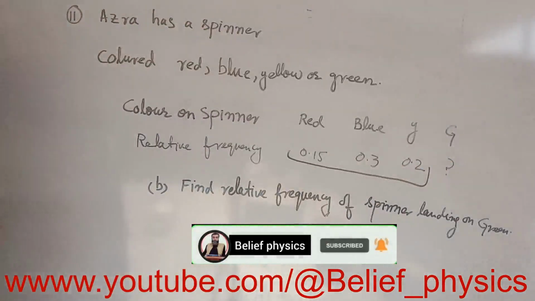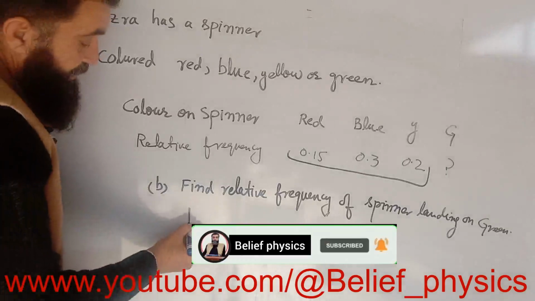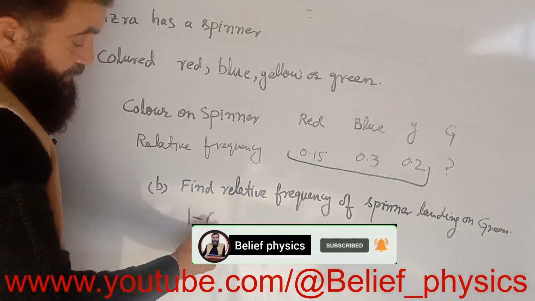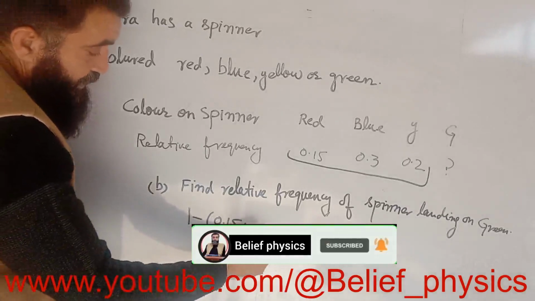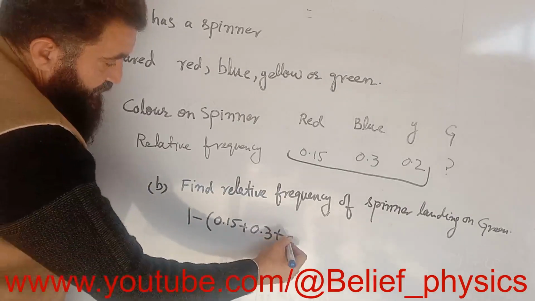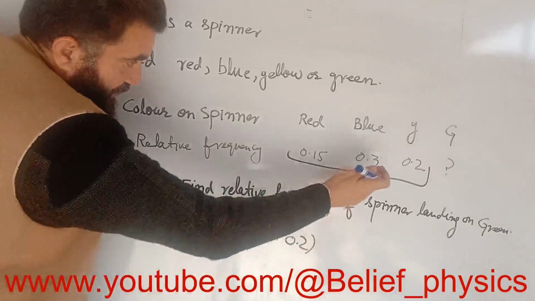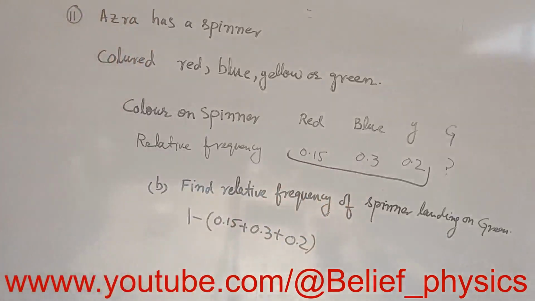Therefore the relative frequency of the spinner landing on green will be 1 minus (0.15 plus 0.3 plus 0.2). We will add all of them and subtract from 1 because these are all the events. The sum of all events' relative frequency or probability should be equal to 1. So we will add them.